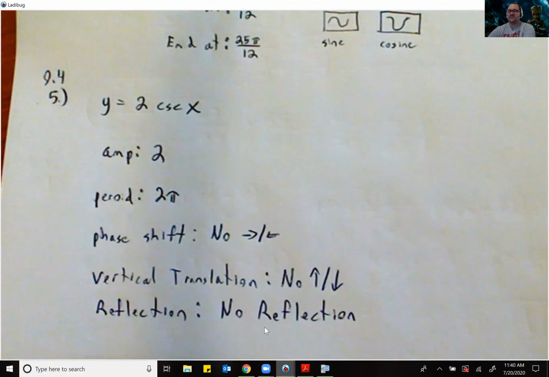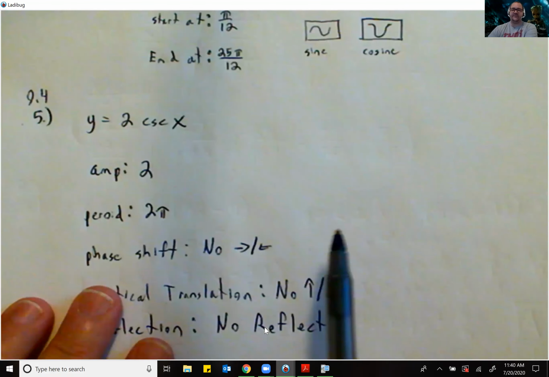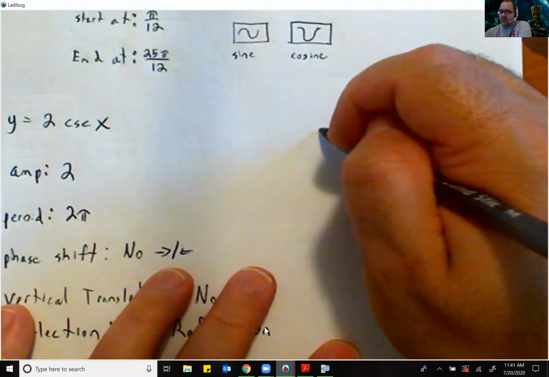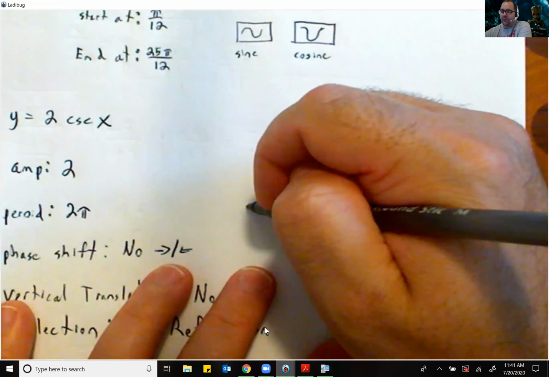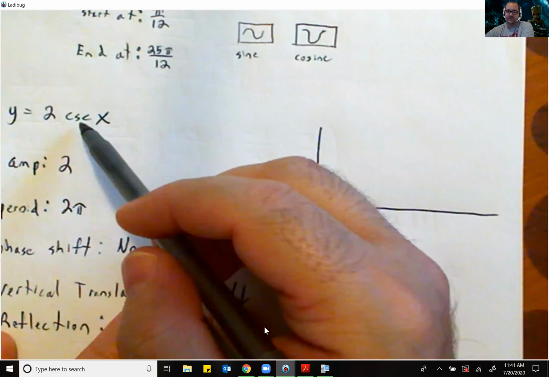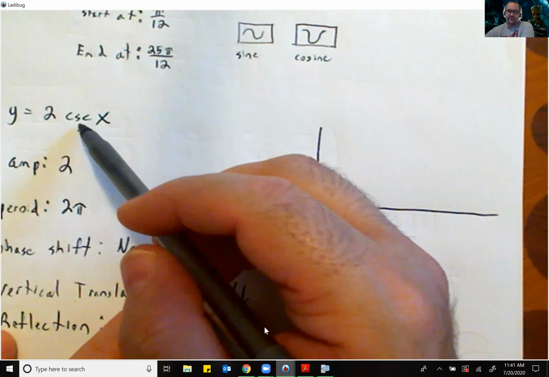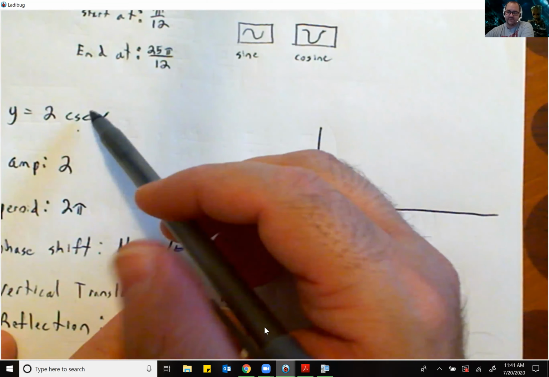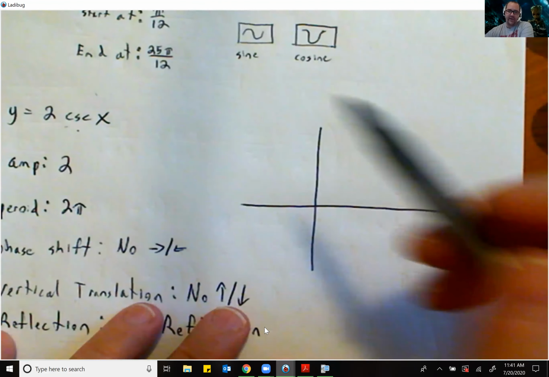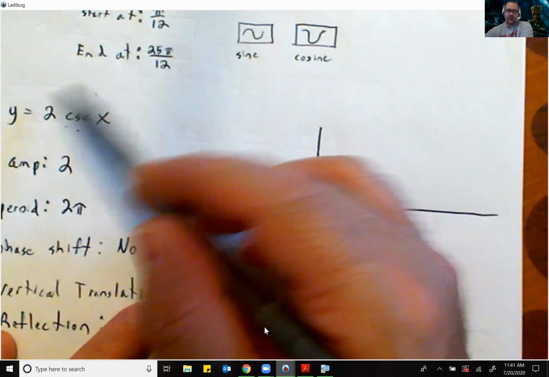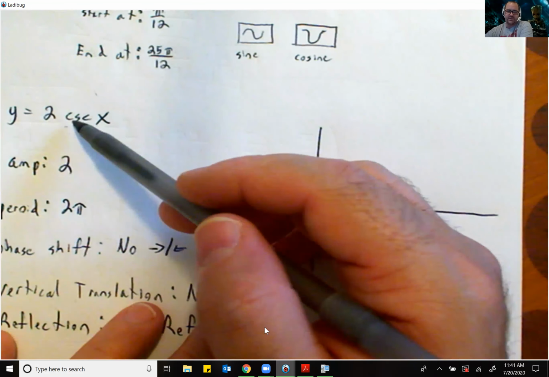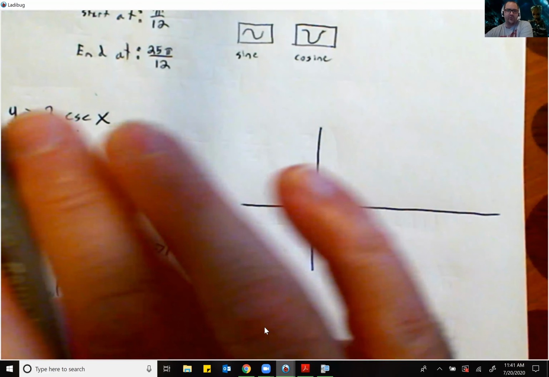Now, remember, secant and cosecant are based off of sine and cosine graphs. Since this is cosecant, it's based off of a sine graph because sine is the reciprocal of this. I'm going to treat this like sine and graph that, and then because these are reciprocals, it's kind of like we're going to flip the graph.